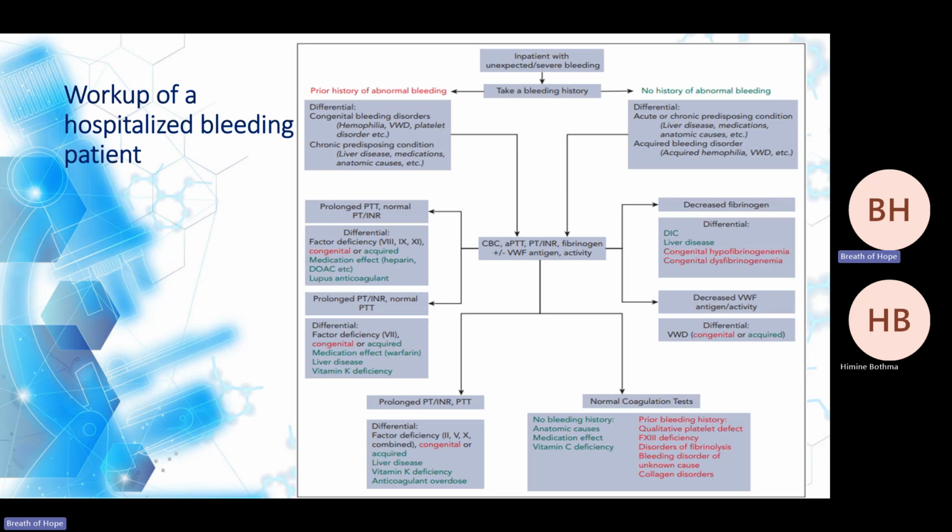So we've got prolonged PTs, prolonged PTTs, both are prolonged, neither are prolonged, normal coagulation tests, and then the differentials. But we've covered all of that already. This is just a nice summary of everything that we've discussed and how to work it out. So it's a good slide to take note of in future.